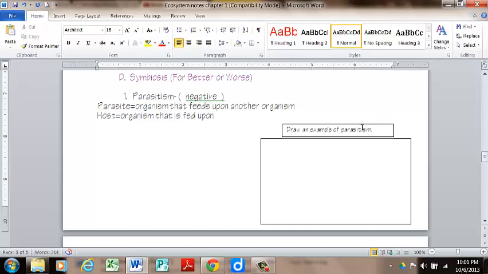So, ladies and gents, just giving you a chance to make sure that you have that in your notes, that in parasitism, a parasite is the organism that feeds upon another organism, and the host is the organism that's fed upon.